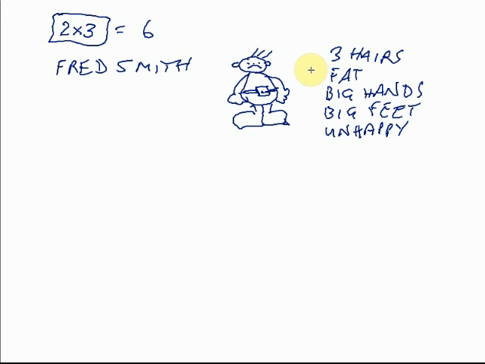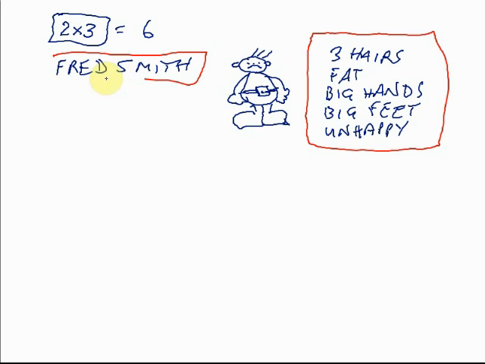So when we want to say something about Fred Smith, say, oh goodness, Fred Smith's moaning again, we could say either, oh, Fred Smith's moaning again, which is the short way of doing it, or we could say it the much longer way: oh, the man with 3 hairs who's fat and has got big hands and big feet and who's unhappy is moaning again. And we'd be saying the same thing, because both of those descriptions, both of those names, as it were, fit and apply to and mark out, refer to this man, Fred Smith.